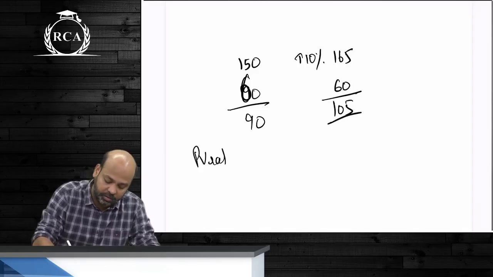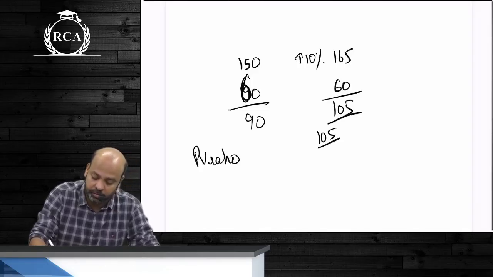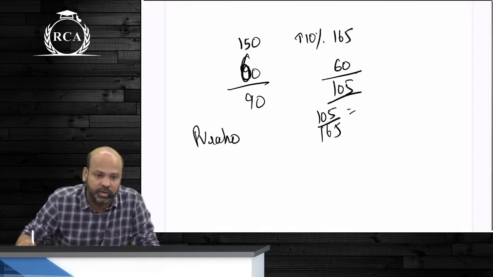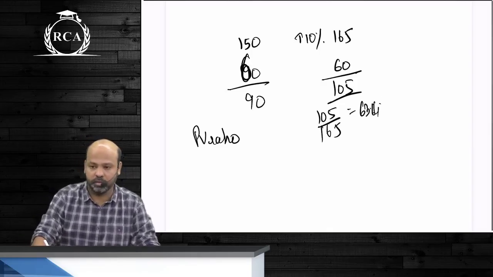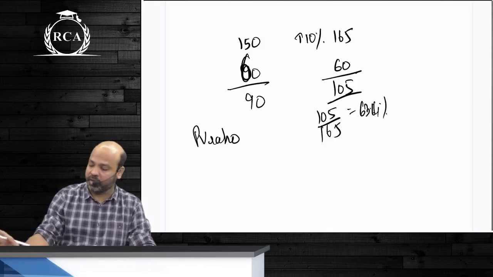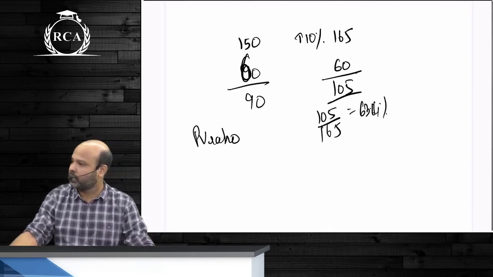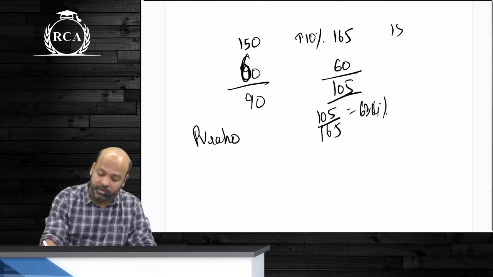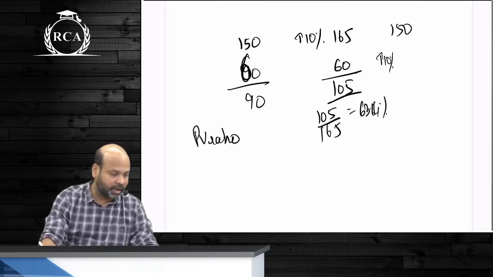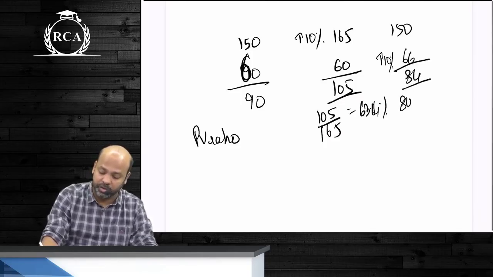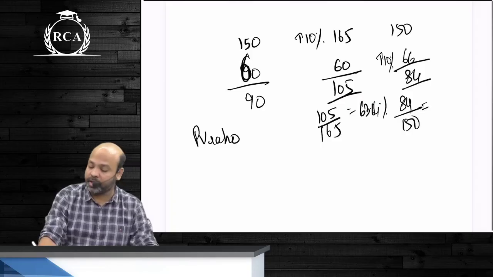What will be my PV ratio now? 105 divided by 165, 63.6364%, guys. Or if I keep the selling price constant and let's say I increase the variable cost by 10%, and that becomes 66, my contribution will become 84. What will be my PV ratio? 84 divided by 150, guys, 56%.